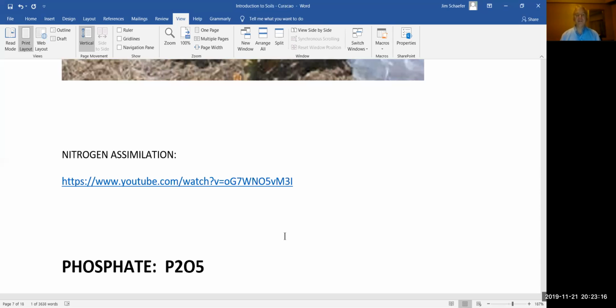So nitrogen is assimilated. That's the magic word. Nitrogen is assimilated metabolically and is a component of certain chemical end products that become the material, literally the material that you harvest from your field.